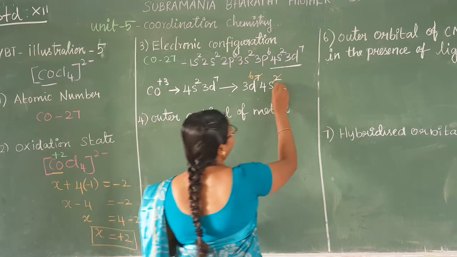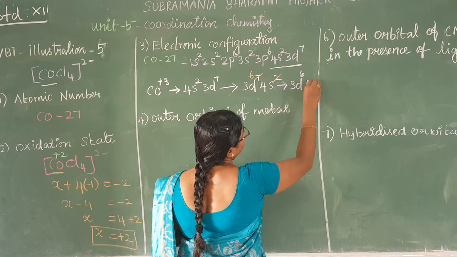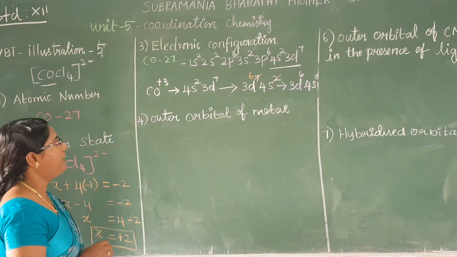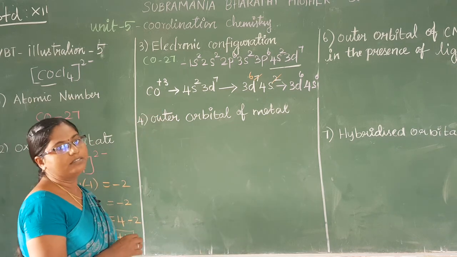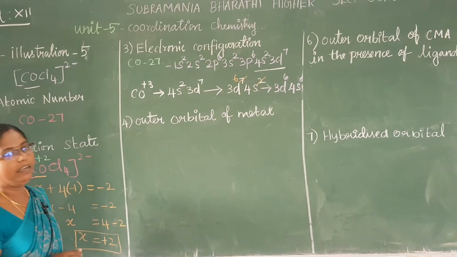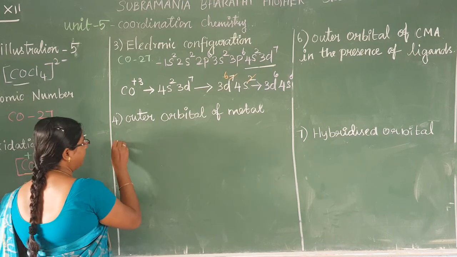So, let me write here 3d6 4s0. This is our outer electronic configuration for the cobalt 3 plus ion. Then I have to write the outer orbital of the metal.